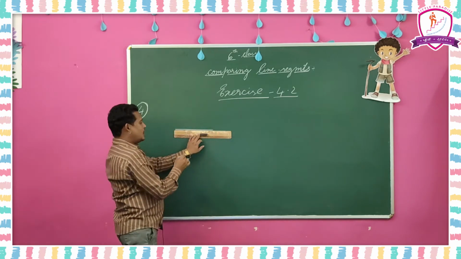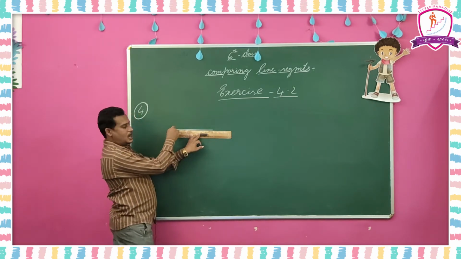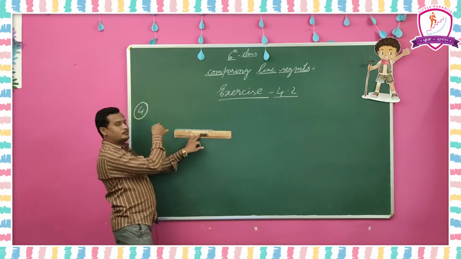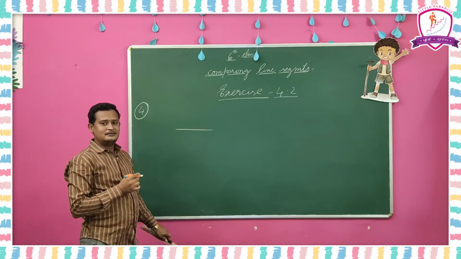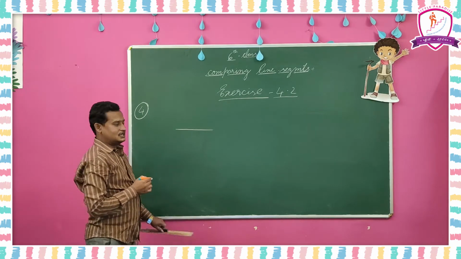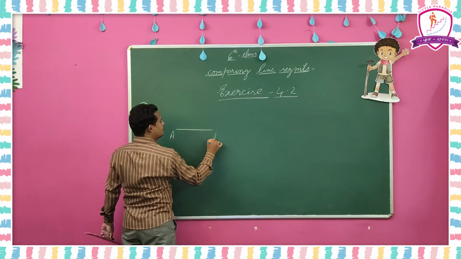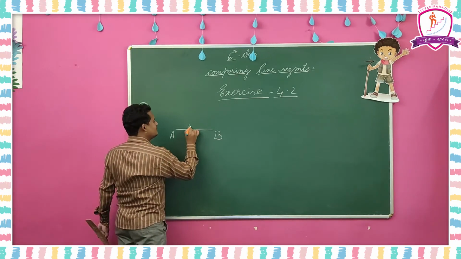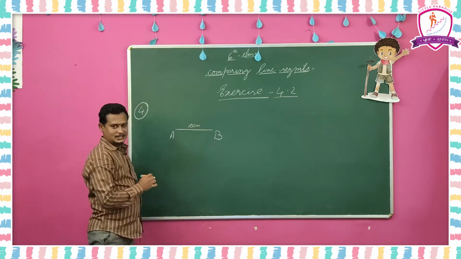Take a scale and put a point at 0, and again put a point at 10, and join these 2 points. Then you will get a line segment with a measure of 10 centimeters. So name the endpoints A and B and write 10 centimeters upside.